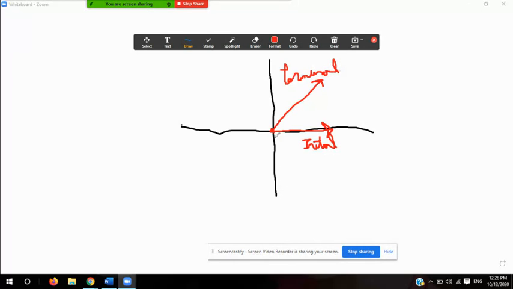And the vertex is right here. It's basically where they meet up. So this is the vertex, and of course the origin, which we know is 0, 0. So an angle is in standard form if the initial side is on the positive x-axis and the vertex is at the origin, which we all know is 0, 0.